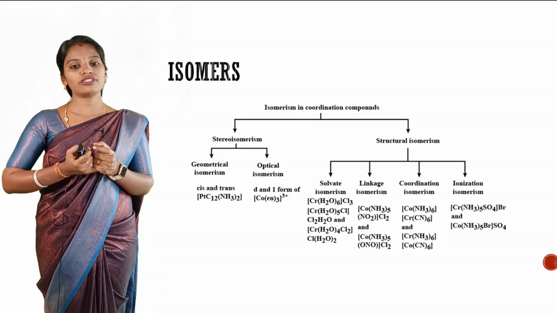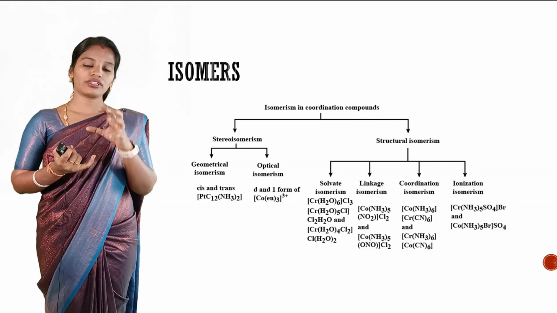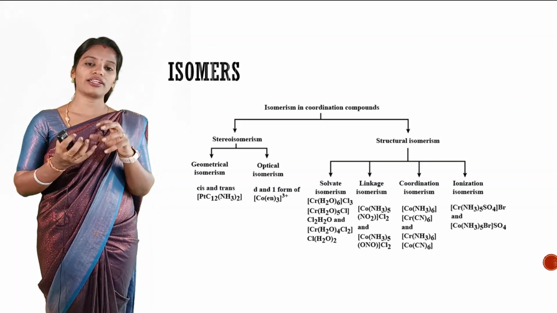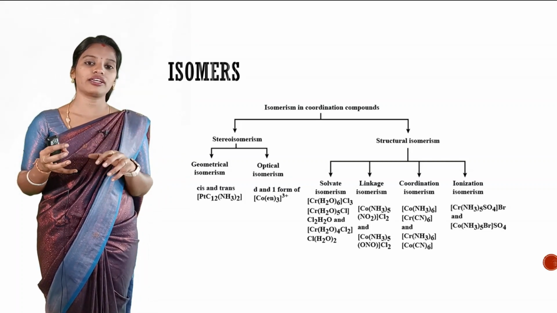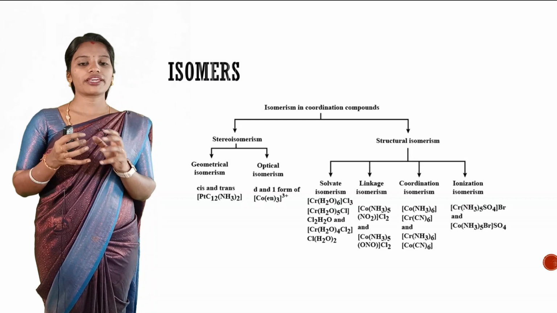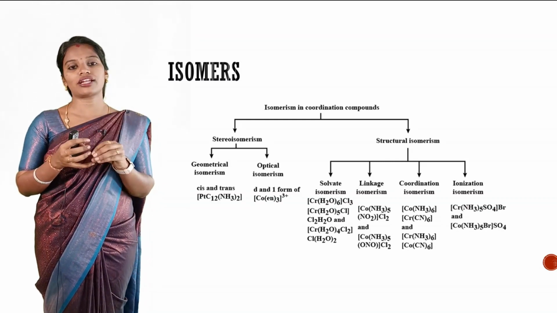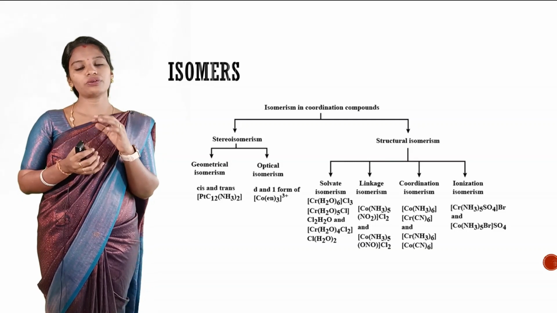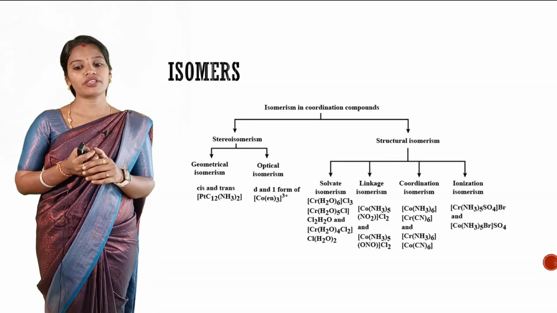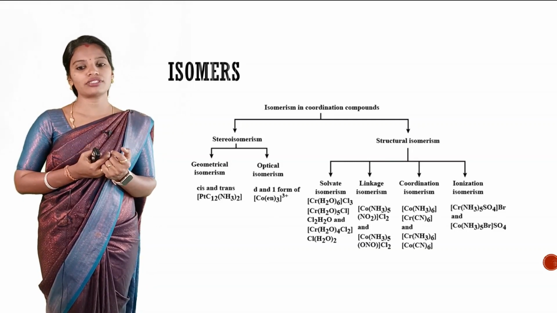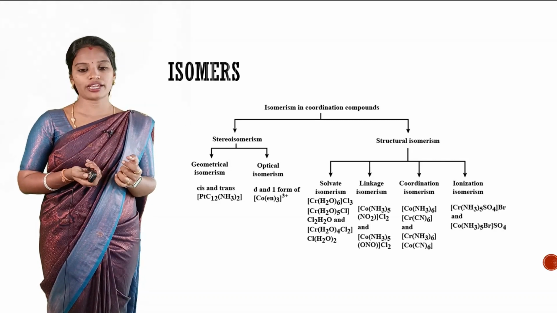Stereoisomerism talks about the same molecular formula but ligands arranged differently in space, or the spatial arrangement of atoms around the central metal atom. There are two types of stereoisomerism: geometrical isomerism and optical isomerism.